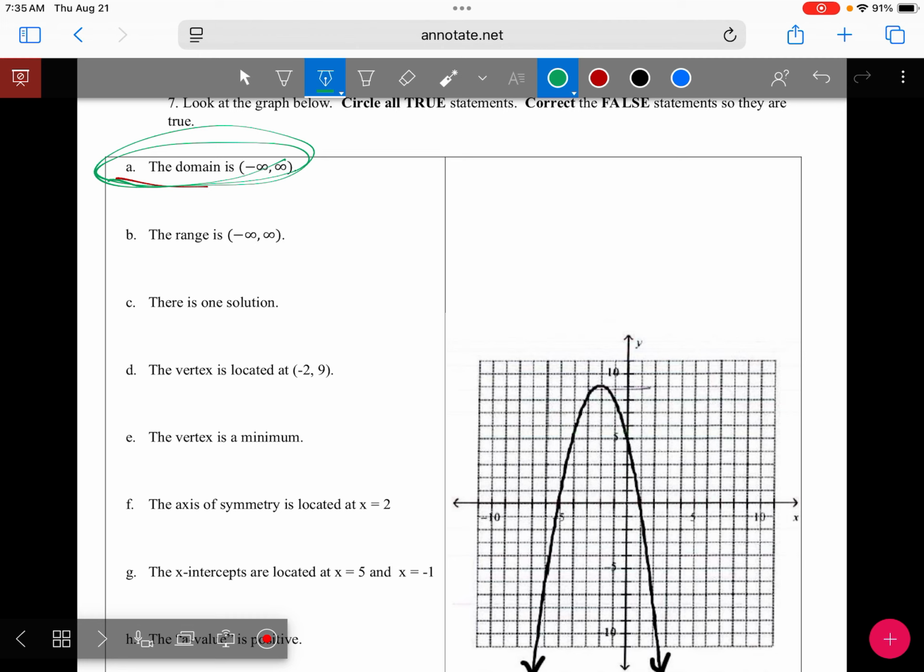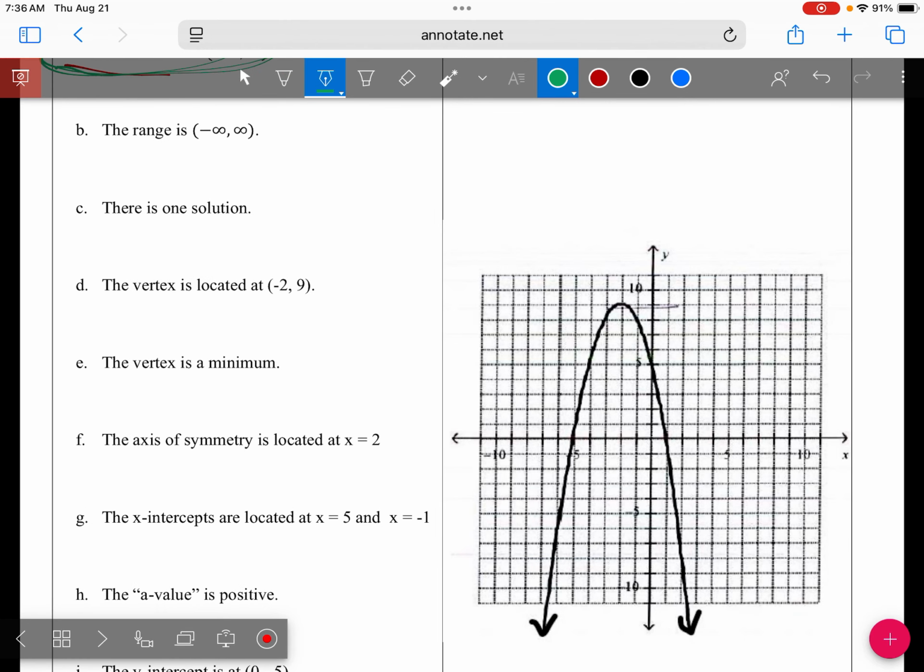Is the range also -infinity to infinity? No. So this range is coming from the bottom, which means it's coming from -infinity, and it stops right here. So where did I draw that green line? Where did it stop at? 9. Good. So question B is false. It should be -infinity to 9.